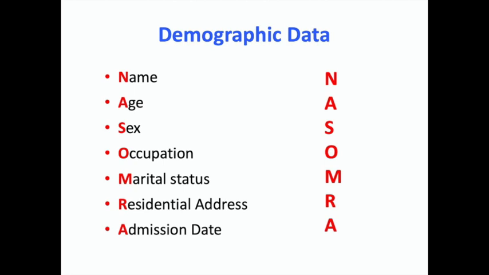And as I told you, the elbow is a particularly important joint in that you need to ask one more important thing, the dominance. Is he right hand dominant or left hand dominant? In the demographic data, in today's age, please add the history of COVID, history of contact, and which region he is coming from.